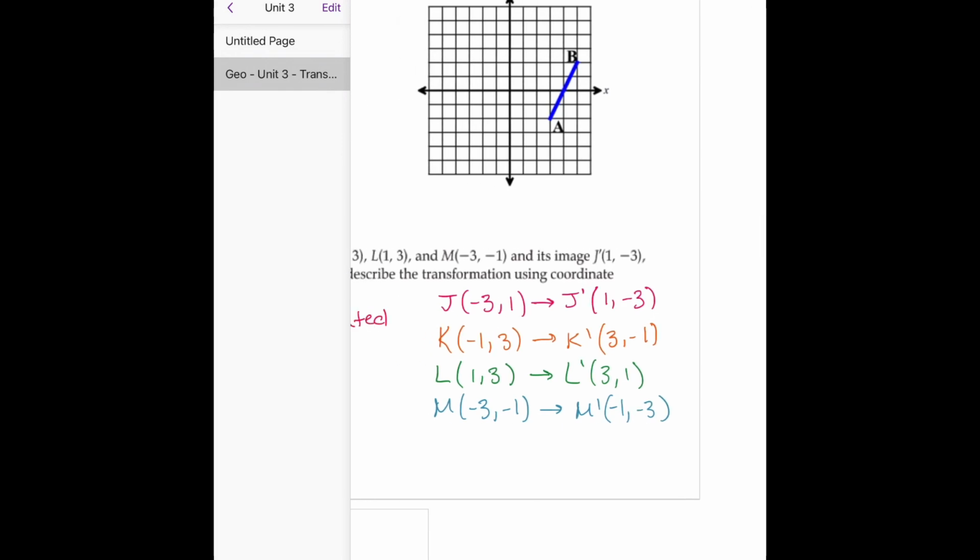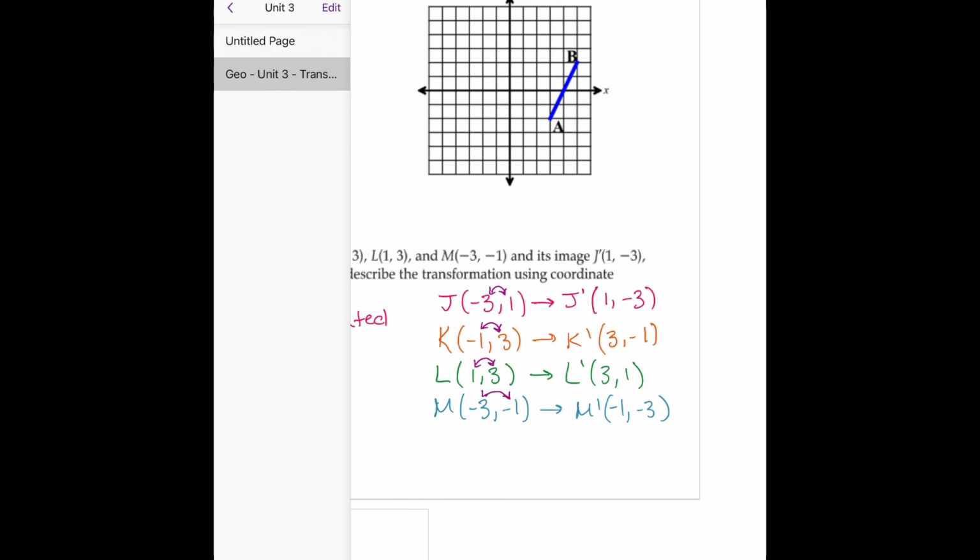If we look at J and the difference between J and J prime, to get from J to J prime, I just needed to switch those spots. Same with K. -1, 3 became 3, -1. I just switched the x and y. Same with L. 1, 3 became 3, 1. M, -3, -1 became -1, -3.